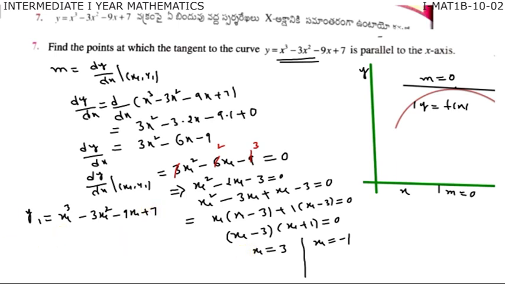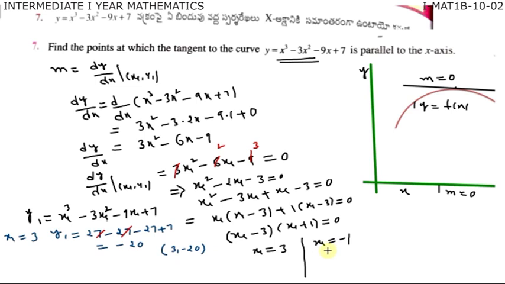Now when x1 is equal to 3, what happens? See, y1 is equal to 3 cube 27, 3 square 9 into 3 minus 27, minus 27 plus 7. Again plus 27 minus 27 cancel. So minus 20, 7 plus 7 means minus 20. So 1 point, 3 comma minus 20, I got.